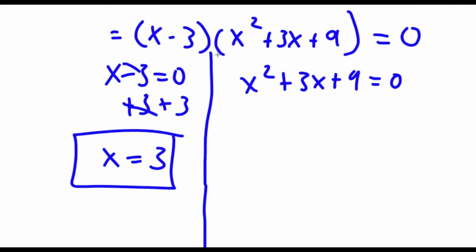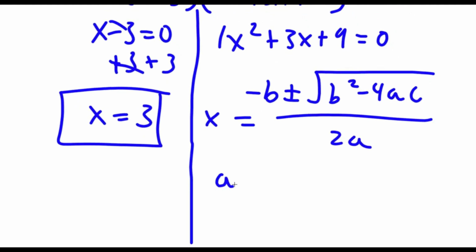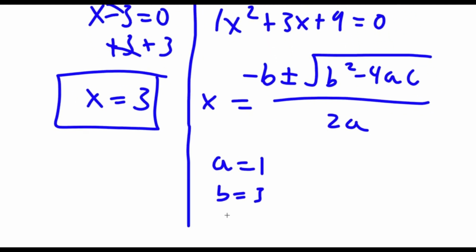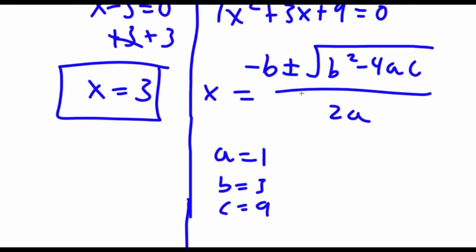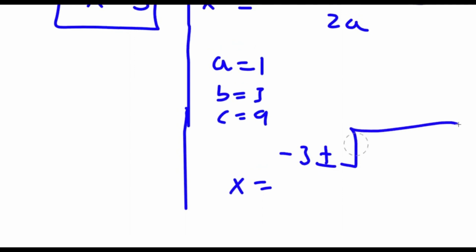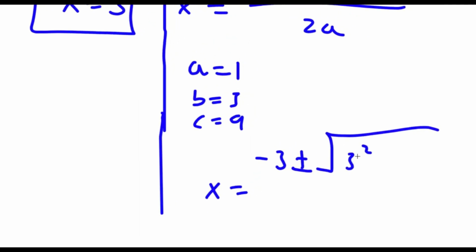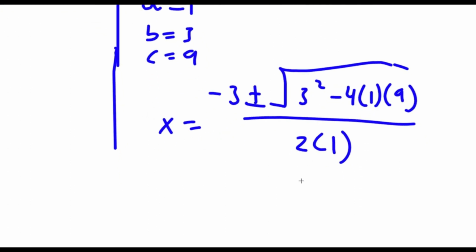Now for x squared plus 3x plus 9 equals 0, I'm going to be using the quadratic formula, which is negative b plus or minus the square root of b squared minus 4ac all over 2a. Now in this case, a is equal to 1, b is equal to 3, and c is equal to 9. So now I have x is equal to negative b, so negative 3, plus or minus the square root of b squared, so 3 squared, minus 4 times a, which is 1, times c, which is 9, all over 2a, so 2 times 1.